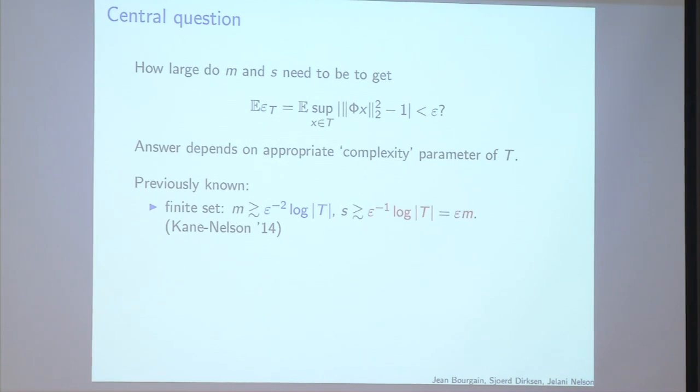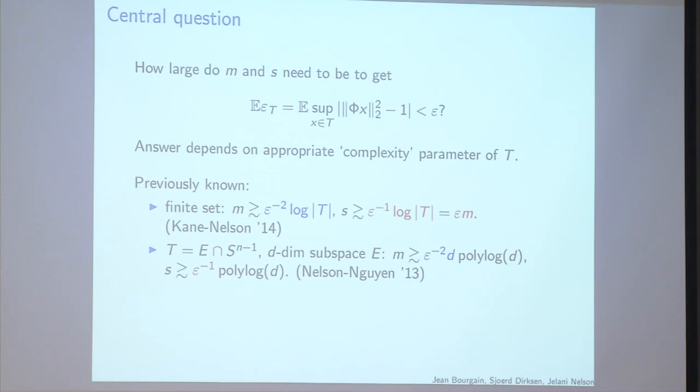But you can actually sparsify the matrix quite a bit. You can set S to be epsilon times m. Epsilon is this accuracy parameter that models how well we preserve distances between points in the set, so this epsilon is actually a small number. So you can save quite a bit, and you can save really a sub-constant amount of computation time.